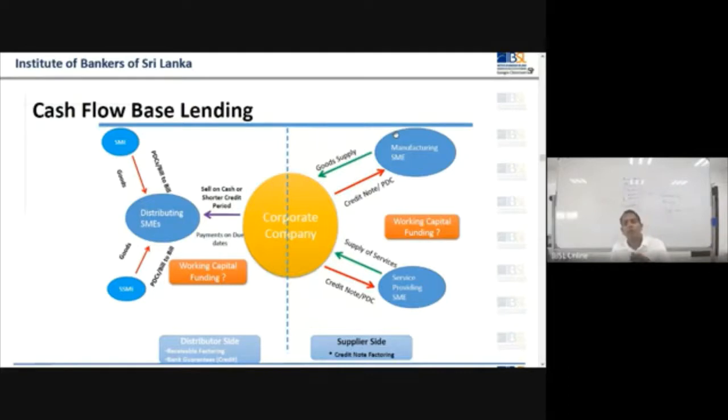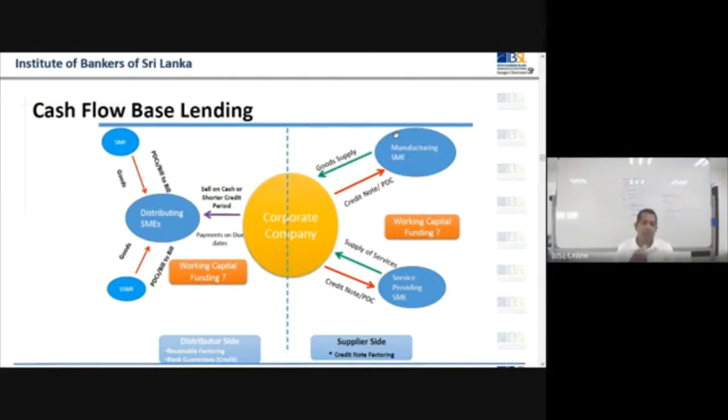So what happens? We will take those post-dated checks and give money to the distributor. Then when the checks get realized, we will recover our capital, what we gave, and the interest due on that capital.